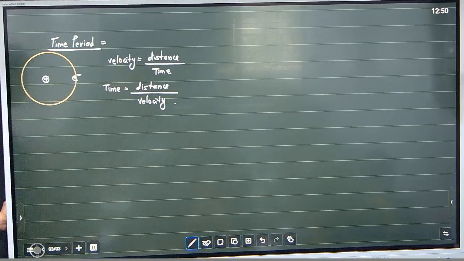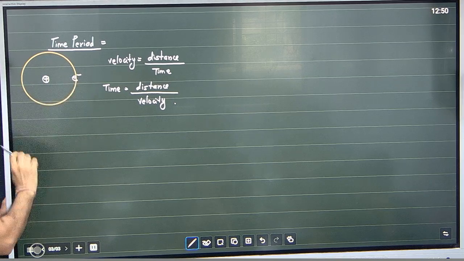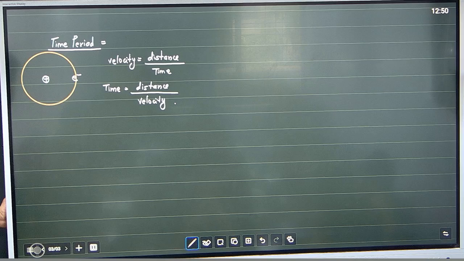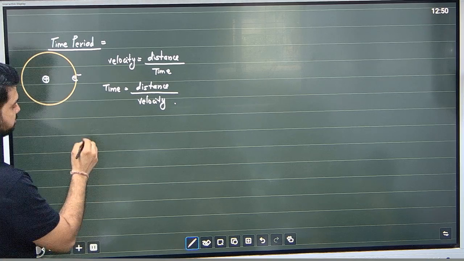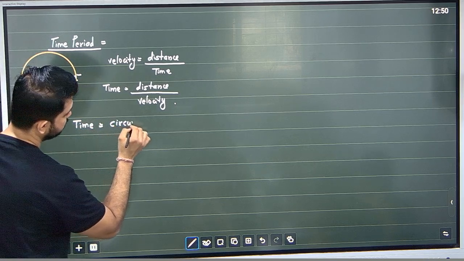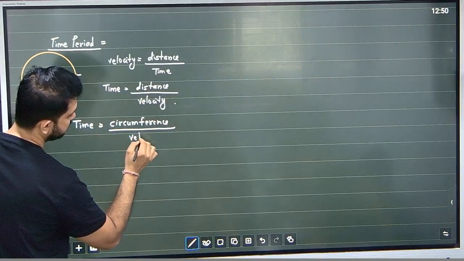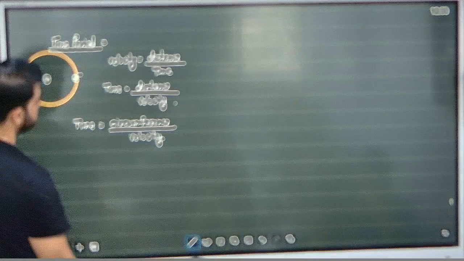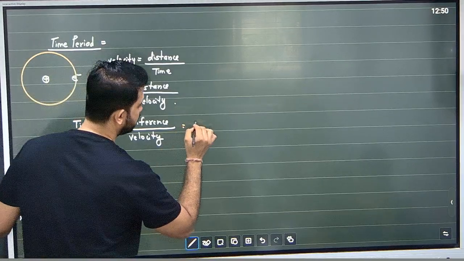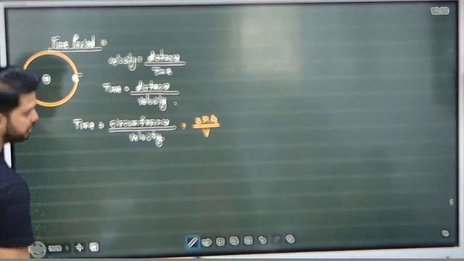Please tell me, in one revolution, what is the distance the electron is covering? The circumference. Excellent. 2 pi r. What is the formula for circumference, people? 2 pi r. Let's say velocity is v.